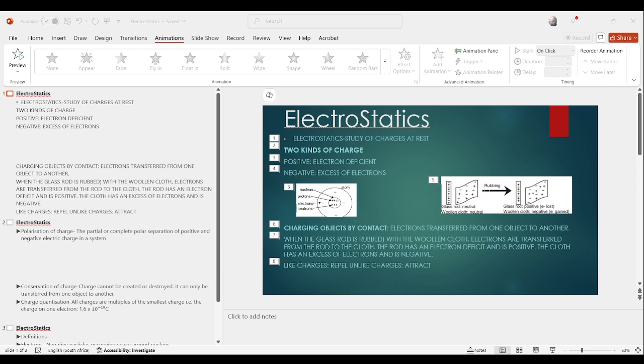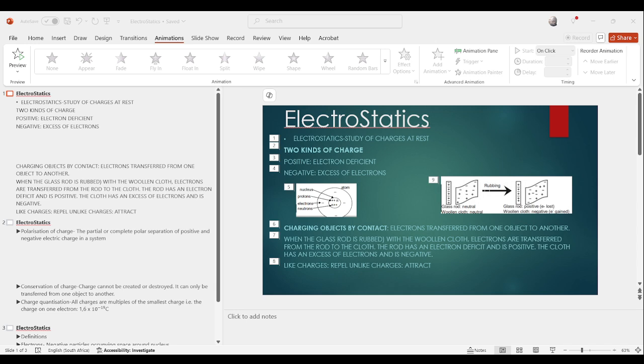Now we have another term, conservation of charge. Conservation of charge states that a charge can never be created or destroyed. It can only be transferred from one object to another.